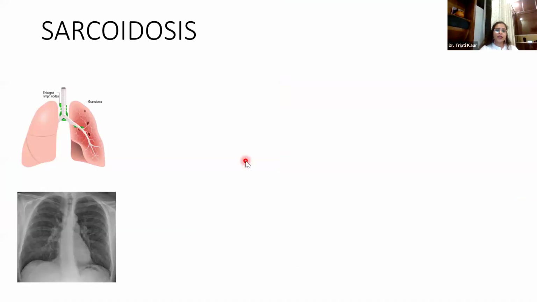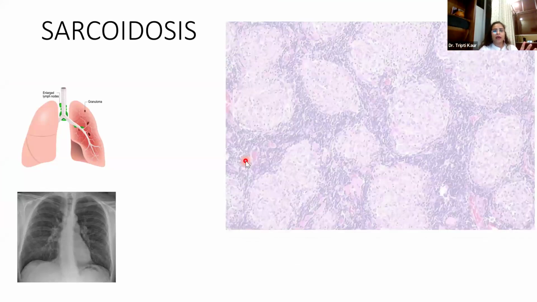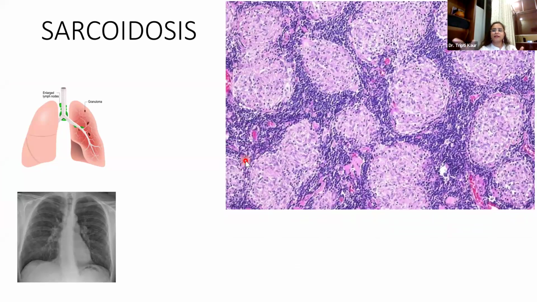So next we come on to a case of sarcoidosis. In sarcoidosis, you have a very specific history that there are enlarged mediastinal lymph nodes also, and there are some hilar shadows. Okay. And if the lymph node is sampled, you'll find these non-caseating, very naked looking granulomas.